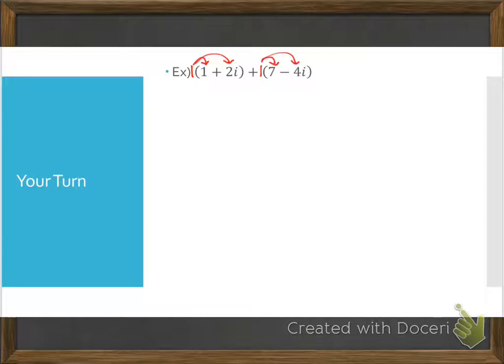So we have 1 times 1 is 1, plus 1 times 2i is 2i, plus 1 times 7 is 7, 1 times negative 4i is minus 4i. Our like terms, we got 1 plus 7, which is 8. And then 2i minus 4i gives us minus 2i.